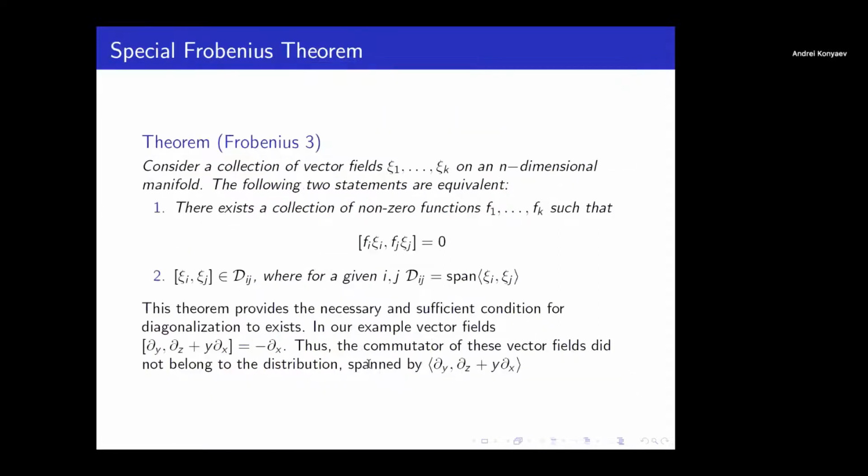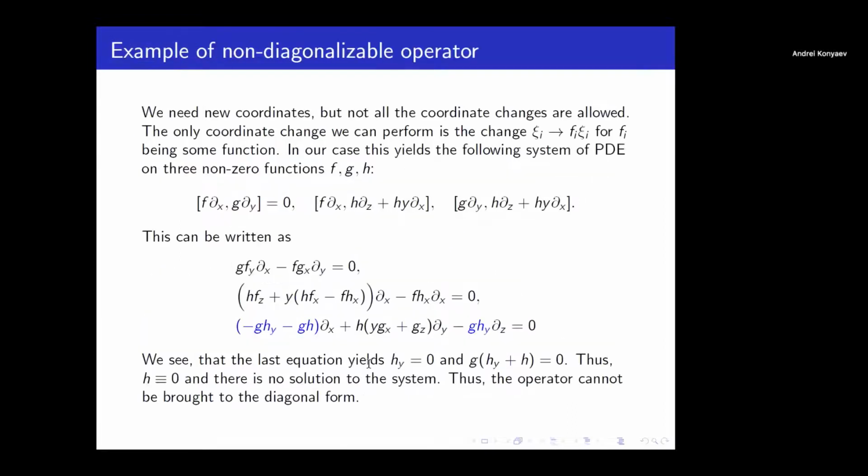And we see that we have 2 conditions. We have actually a vector field, right? After you take the commutator of vector fields, you get a vector field. So vanishing of a vector field means that all the coefficients must vanish, and they must vanish identically. So we see that this coefficient must vanish, and this.